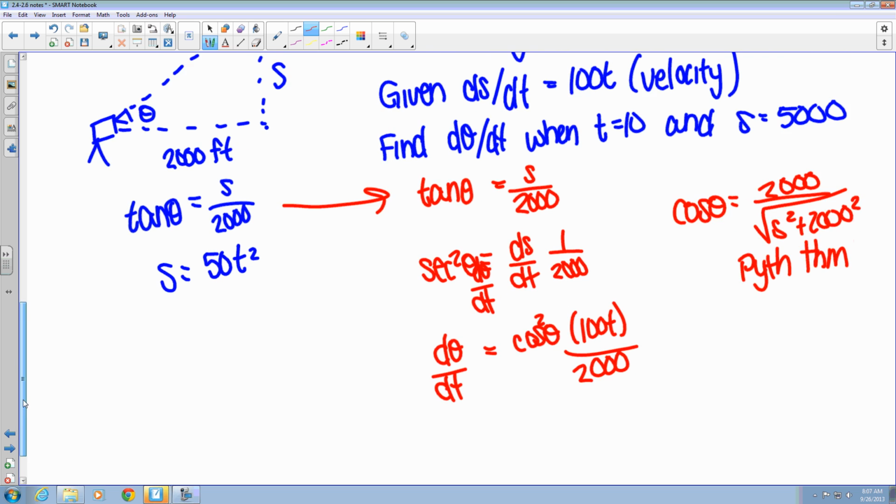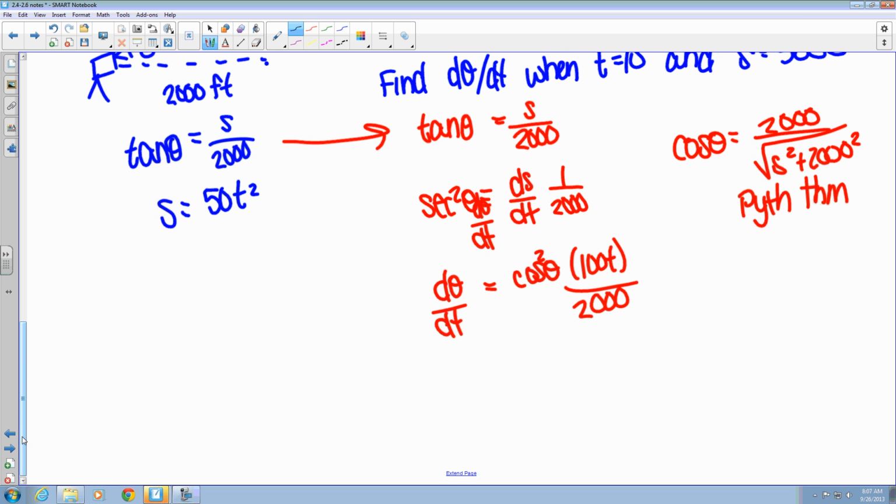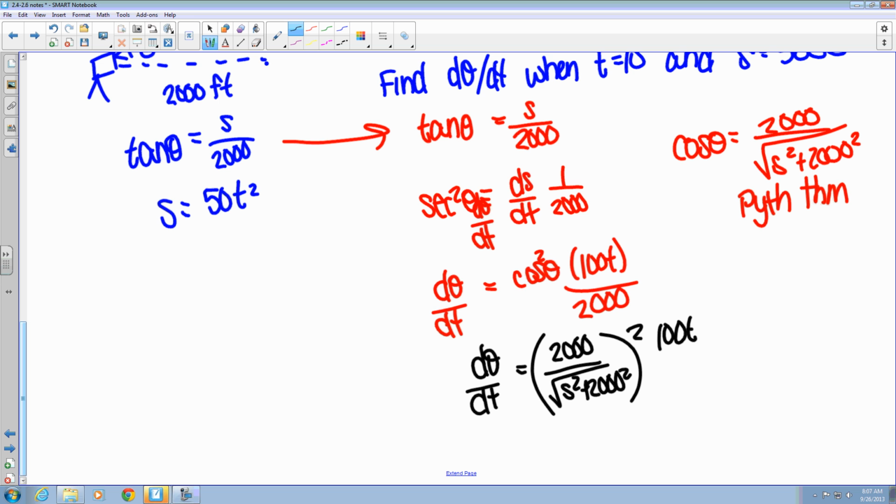So if we plug that in, d theta/dt equals 2000 over the square root of s squared plus 2000 squared, whole thing is squared, times 100t over 2000.